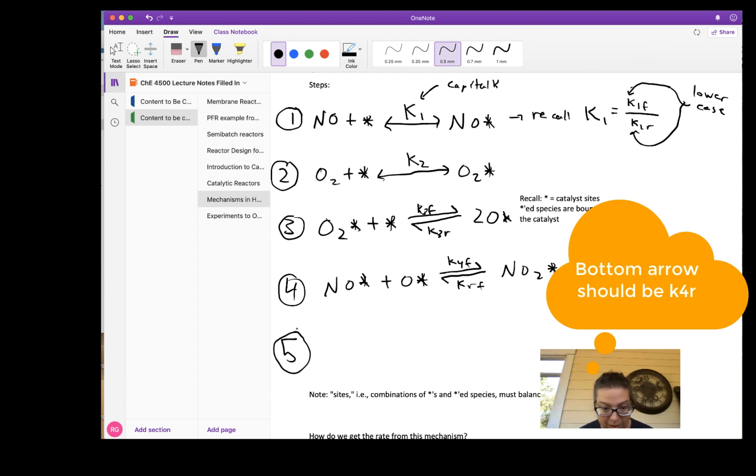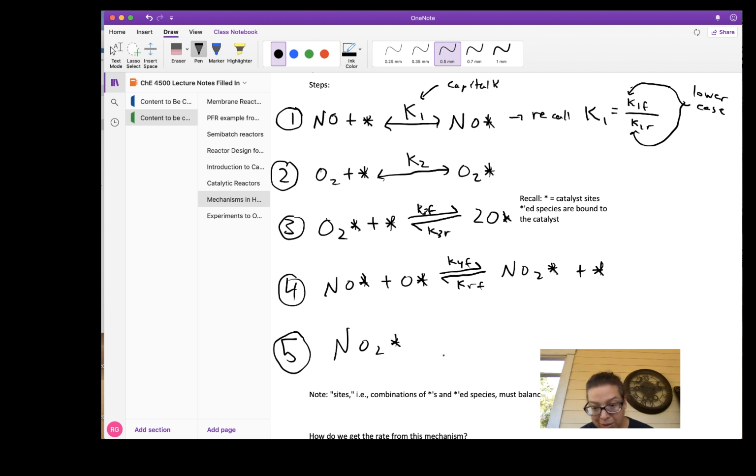And then my 5th step, we said that NO2 is desorbing. And now we can go back to the much easier scenario of assuming quasi-equilibrium, because this is an adsorption-desorption step.